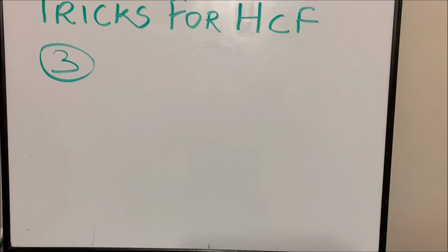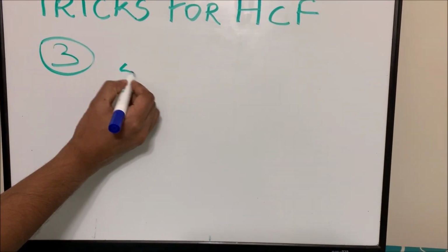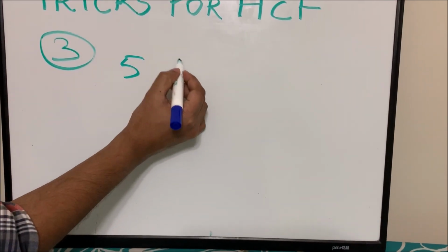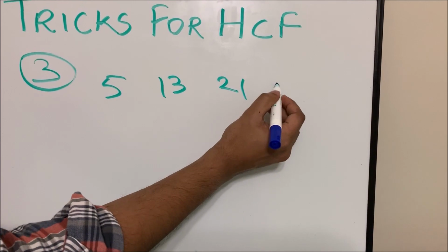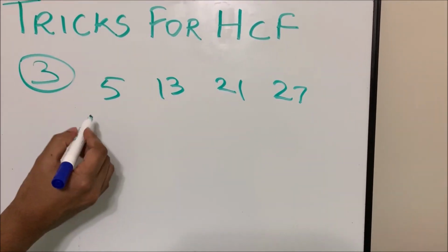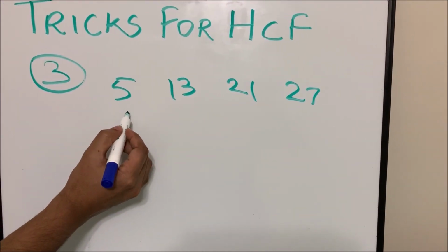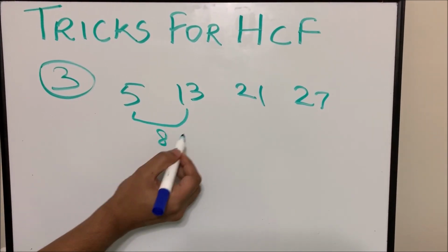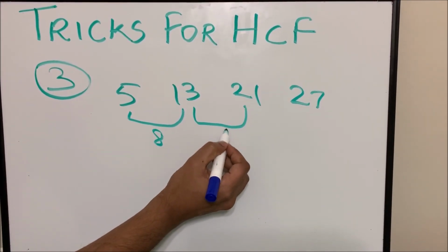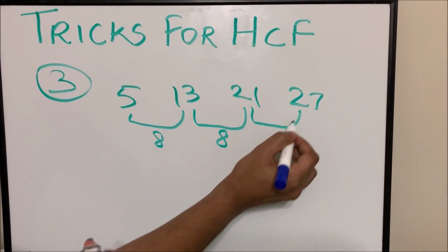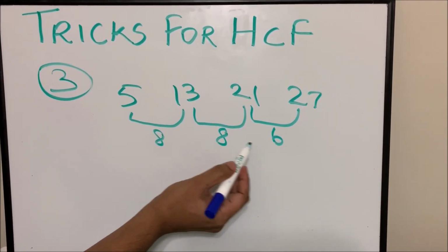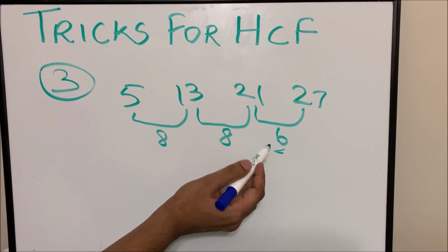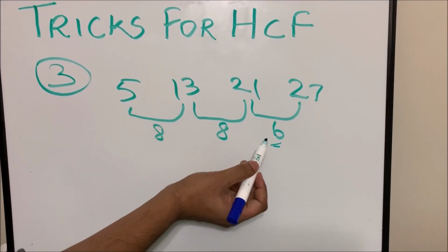One more example. 5, 13, 21, 27. Let's find the difference. 8, 8, 6, and the lowest number is 6. 5 is not divisible by 6.